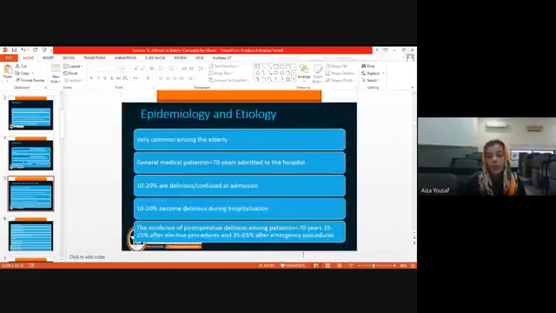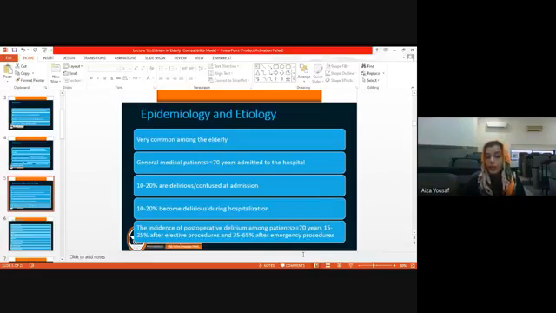Now, its epidemiology and etiology. What are its causes and risk factors? It is very common in the elderly population, and it may affect general medical patients whose age is 70 years or more and who are admitted to the hospital. 10 to 20% of patients are confused at admission, while 10 to 20% become confused during hospitalization.